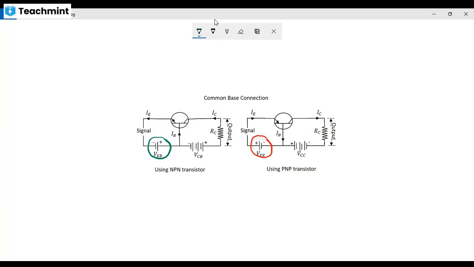In this common base configuration, emitter current is the input current and the collector current is the output current. The current gain of a transistor is defined as the ratio of the transistor output current to the input current. So what is current gain?